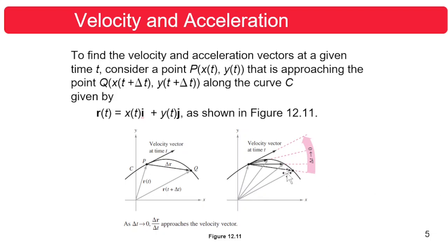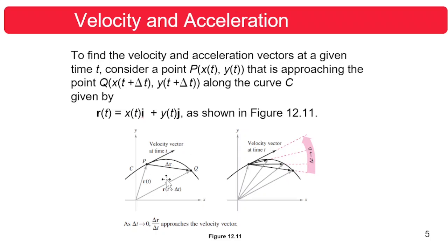To find the velocity and acceleration vectors at any given time t, consider for example this point P with coordinates x of t, y of t that is approaching this point Q with coordinates x of t plus delta t and y of t plus delta t along this curve C. This curve C has the position vector r of t equal to x of t i plus y of t j.